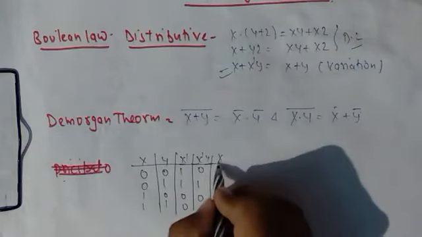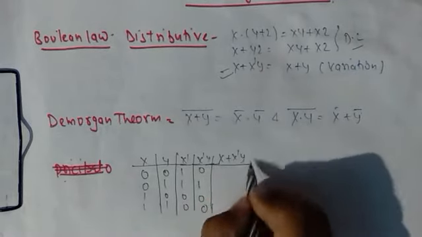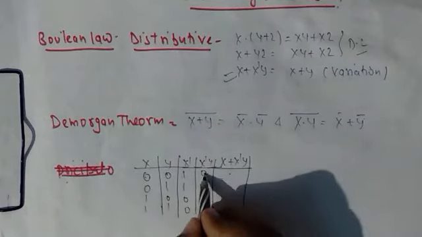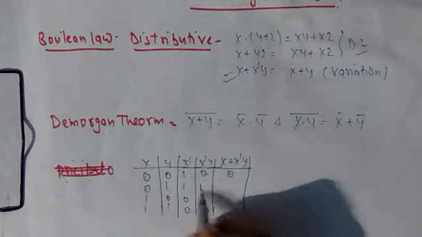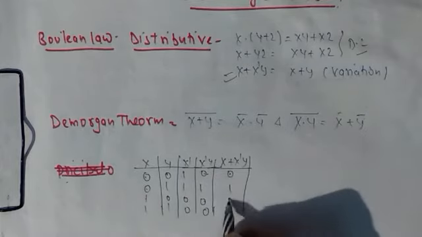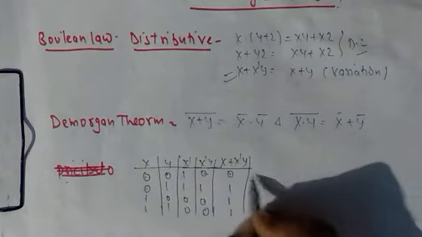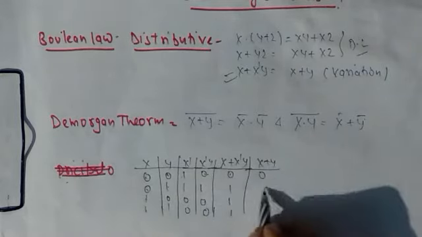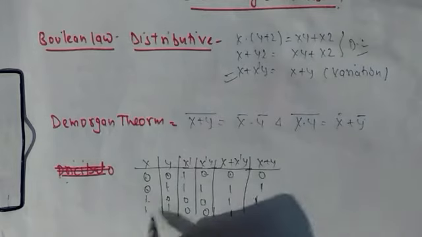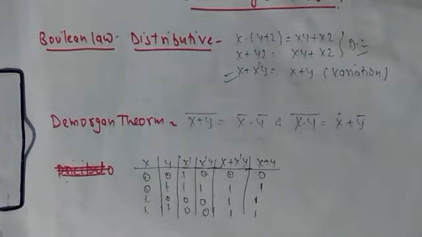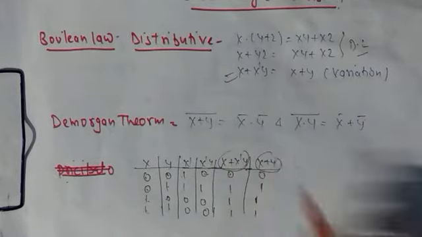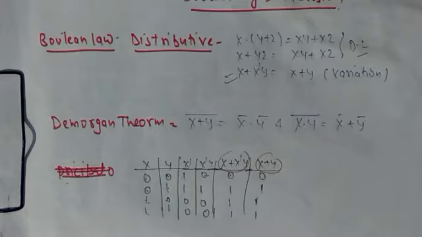Then x plus x bar y will be 0 0 1 1, and x plus y will be 0 0 1 1. From that evaluation you can observe that x plus x bar y is equal to x plus y. It is clearly shown here.